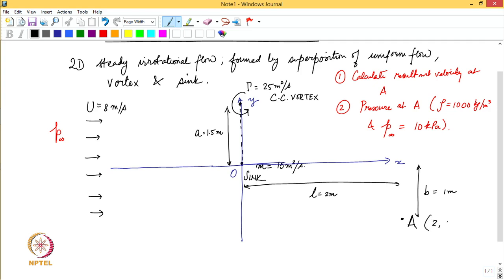So, I will say 2 comma minus 1, right, because it is 1 meter below the origin. Similarly, the vortex has coordinates of 0 comma 1.5, which is 0 comma A, and A becomes L comma minus B.